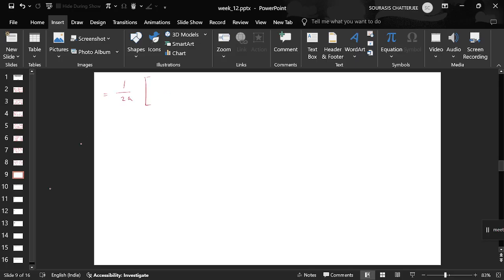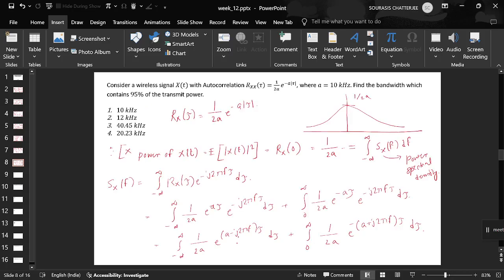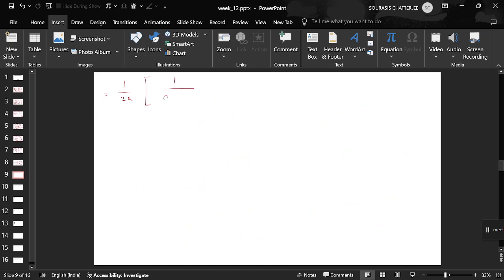Now for the first term, let's check what we have: e to the power (a minus j 2 pi f) tau d tau, so it's 1 over (a minus j 2 pi f) times e to the power (a minus j 2 pi f) tau.